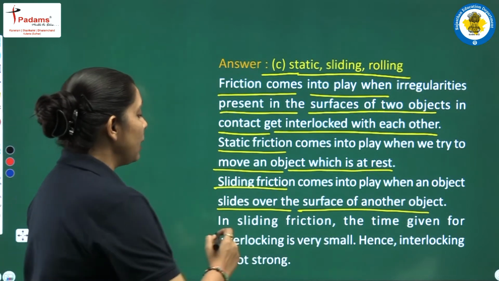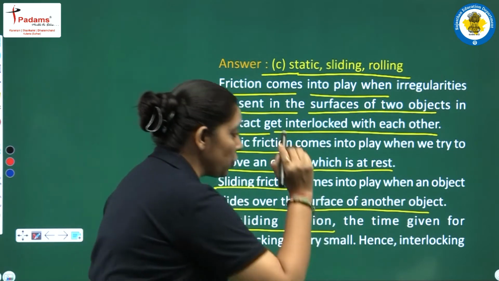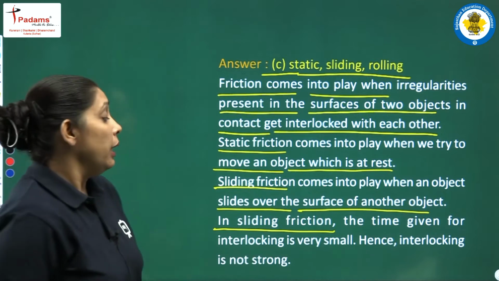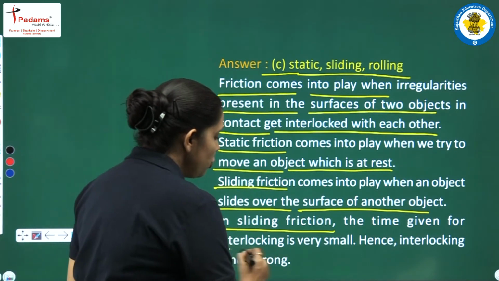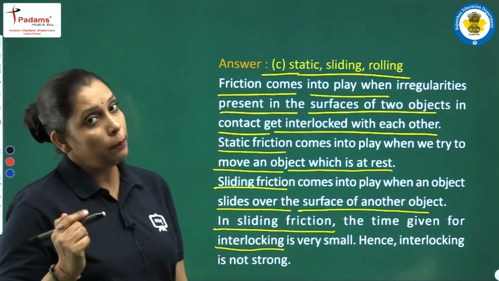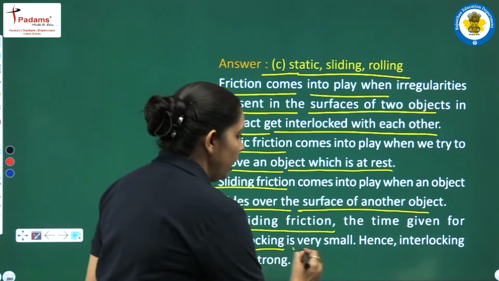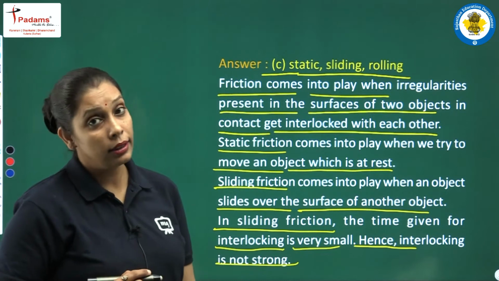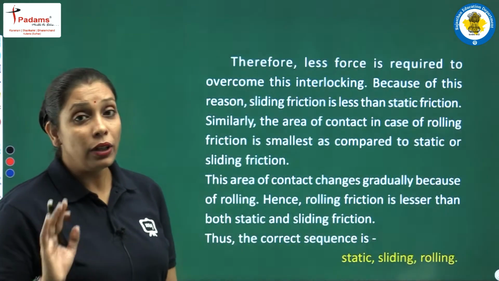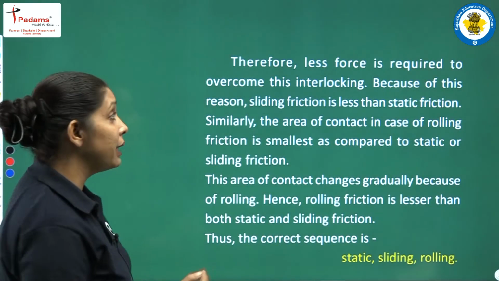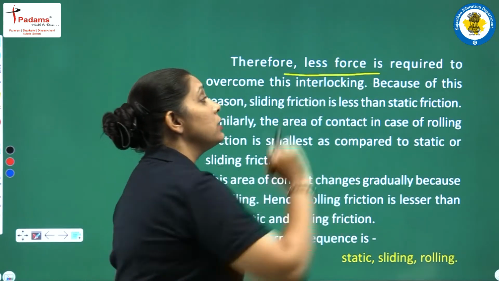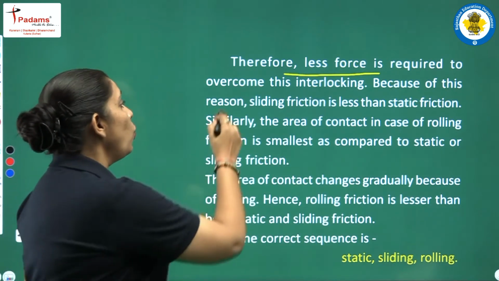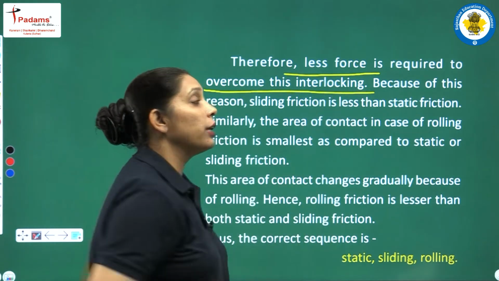Okay. Now in sliding friction the time given for interlocking is very small. Hence interlocking is not so strong. Is it clear everybody? Further, students, you have to remember that less force is required to overcome this interlocking.